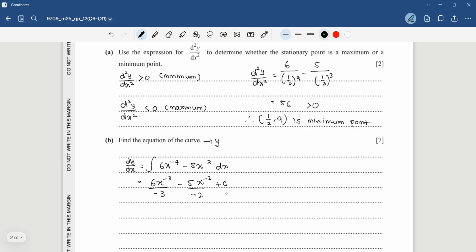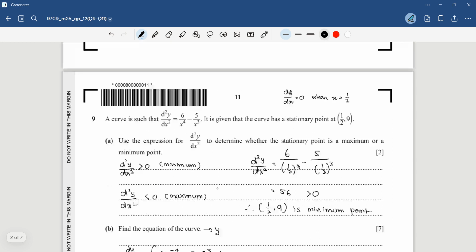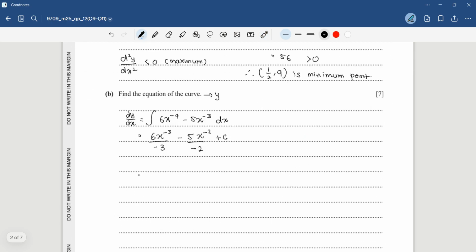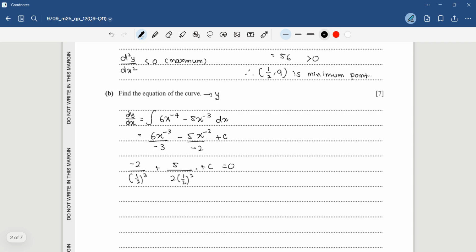We need to find the c. What we know is dy/dx equals 0 when x equals 1/2, so you can use this idea. Here, negative 2 over (1/2) cubed plus 5 over 2(1/2) squared plus c is equivalent to 0.